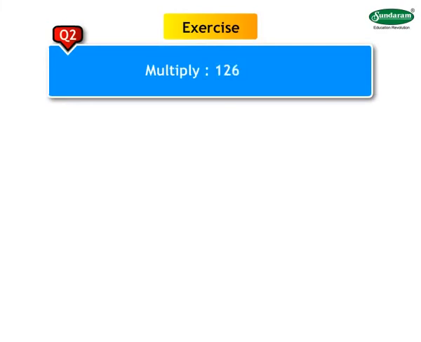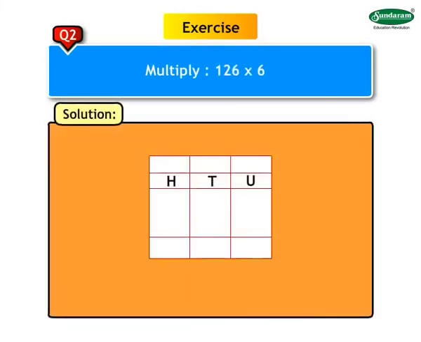126 multiplied by 6. 6 multiplied by 6 is equal to 36. Write 6 in the units place and carry over 3 to the tens place. Now, 2 multiplied by 6 is equal to 12. 12 plus 3 is equal to 15.